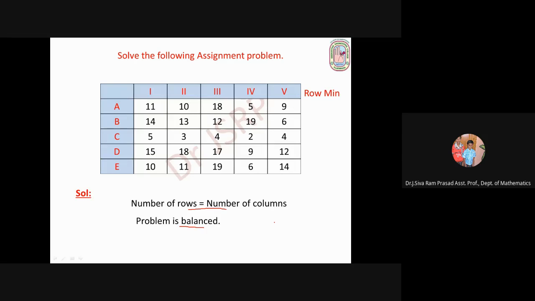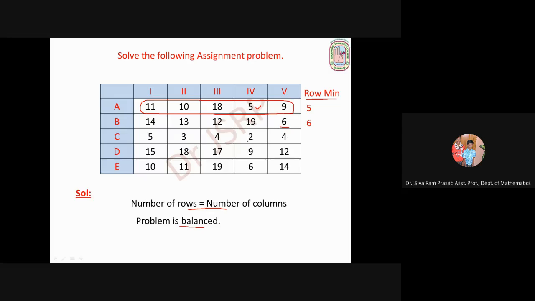So what is the first step? First we find possible assignments for jobs. For that we obtain the next matrix by subtracting row minima from the entries of that row. Among the elements in the first row, what is the minimum value? 5. So the first row minimum is 5. Second row minimum 6.